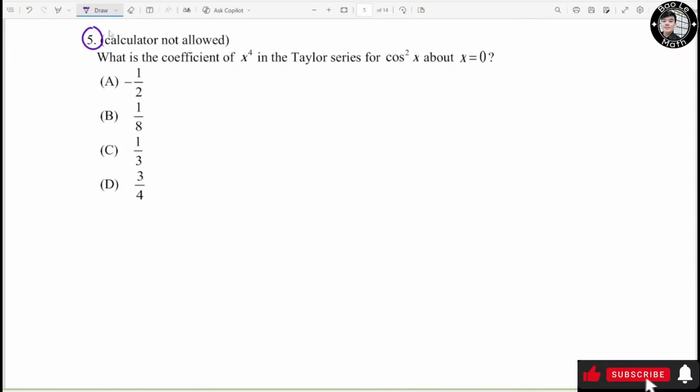Now let's move on to question 5. What is the coefficient of s to the 4 in the Taylor series for cosine squared of s about s equals 0? When s equals 0, this is the Maclaurin series. So we have cosine of s equals the series.